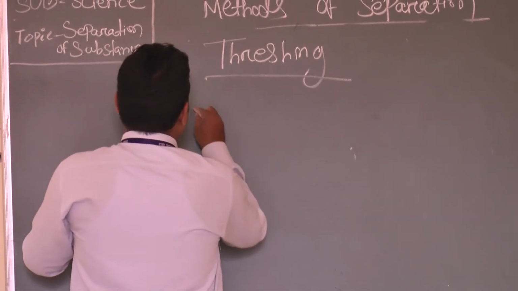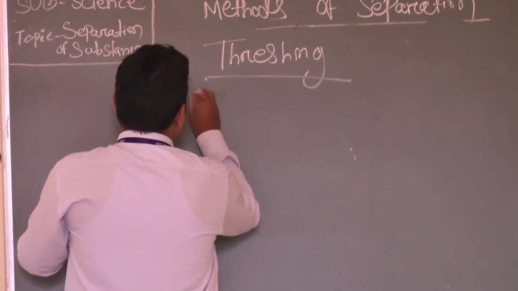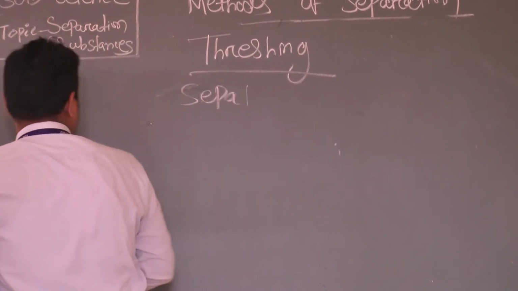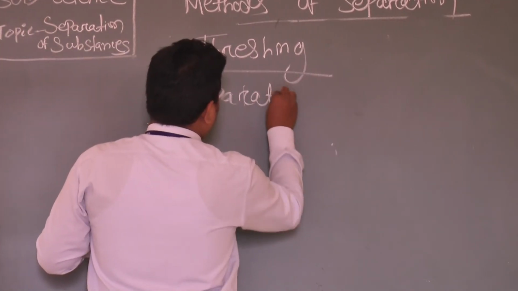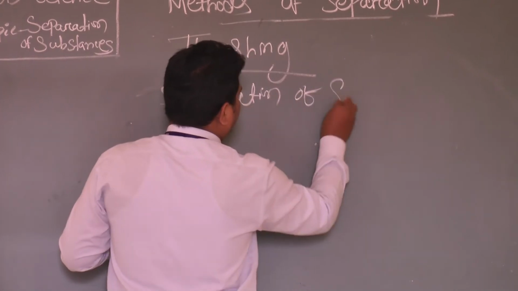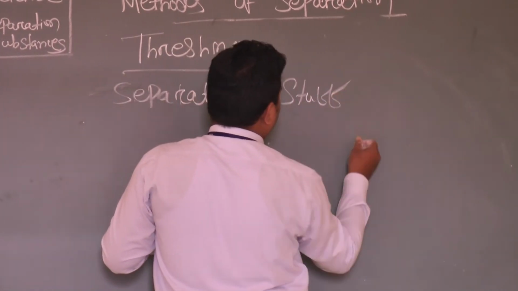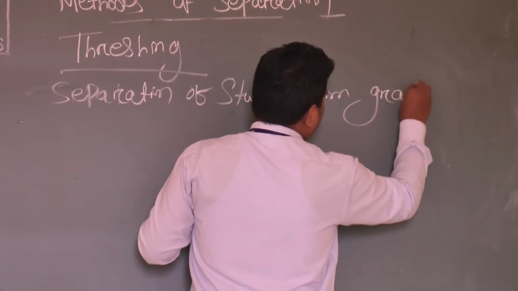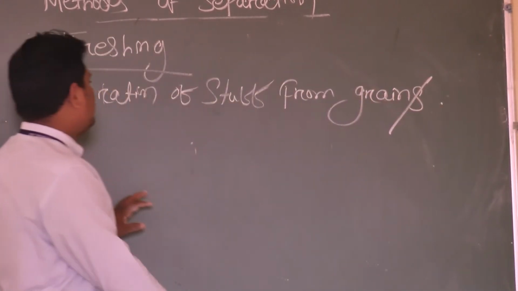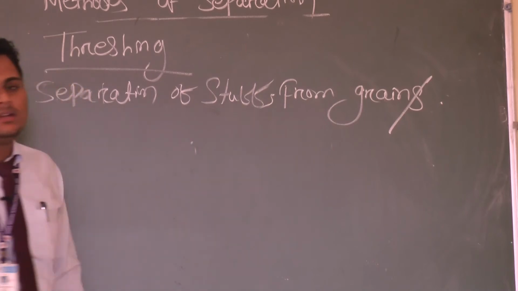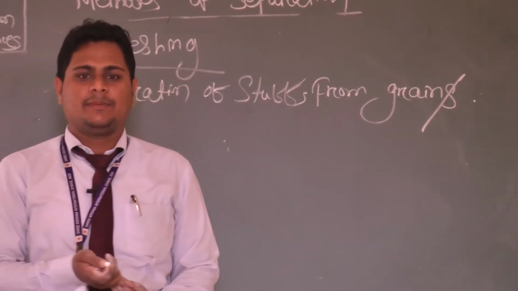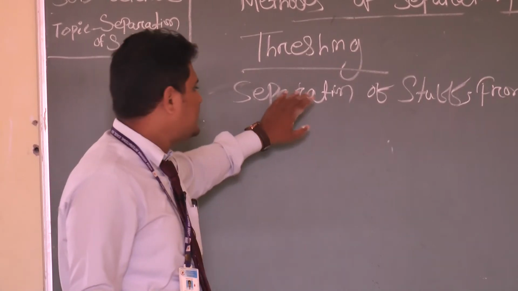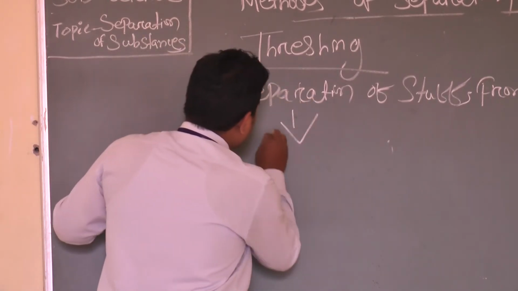Okay, and after the threshing, in that also cultivation of rice, another process used that known as winnowing.